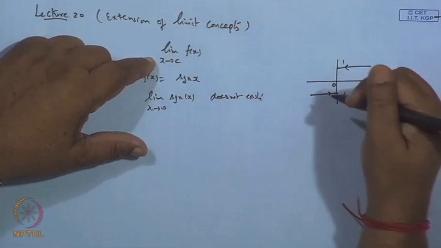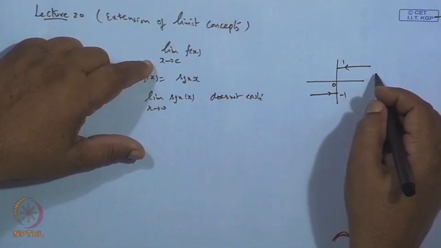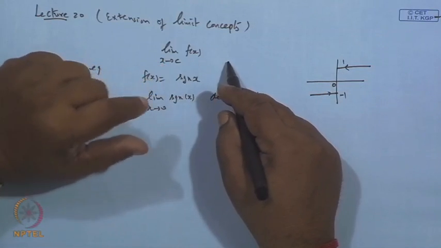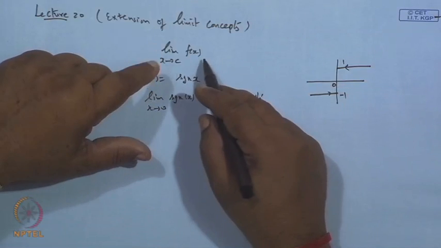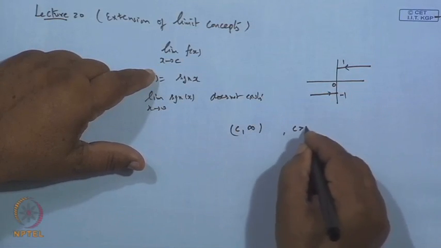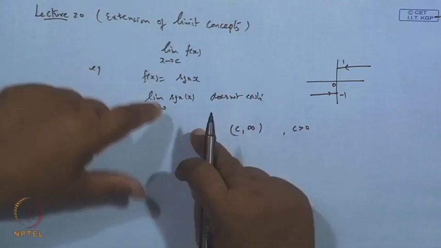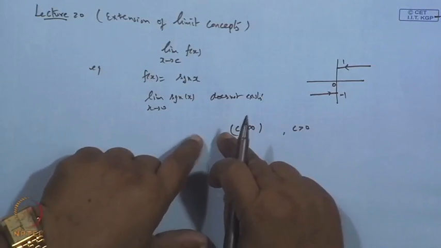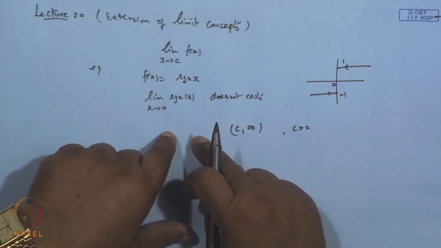Say if I take c greater than 0, means the interval (c, infinity), and then find the limit of the function f(x) over the interval (c, infinity) where c is positive, then the right hand limit of this function exists, because there is no scope for going below this. Okay.